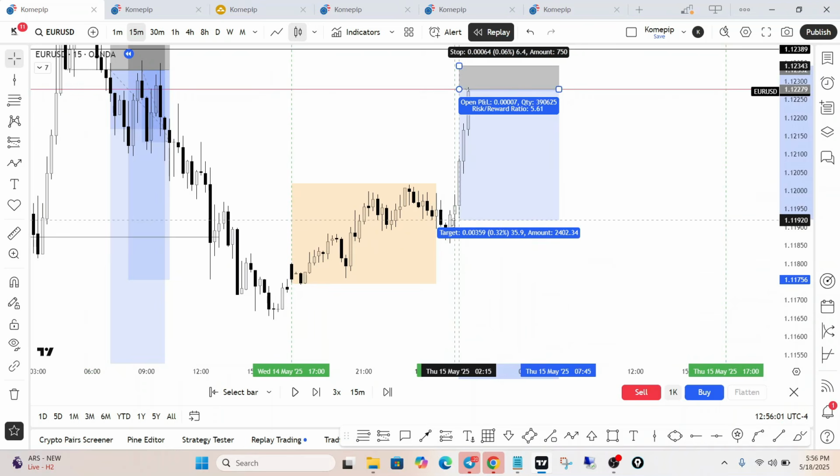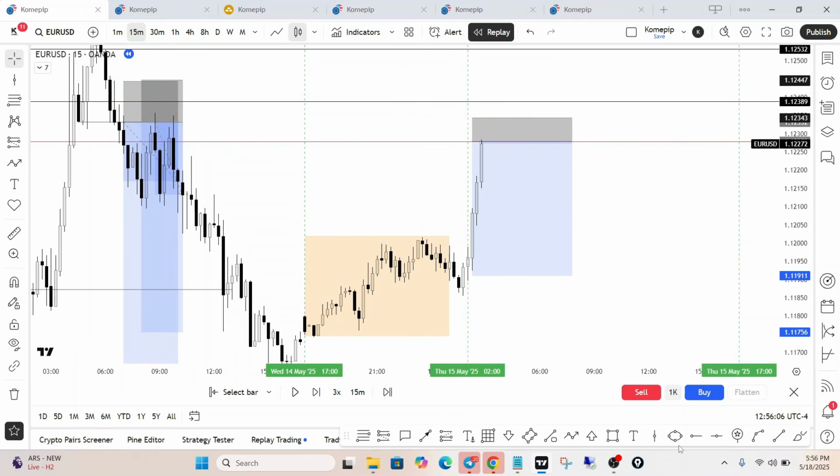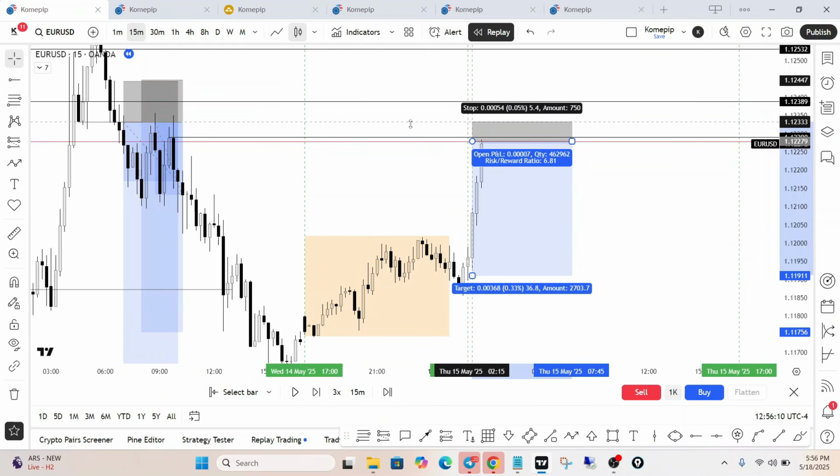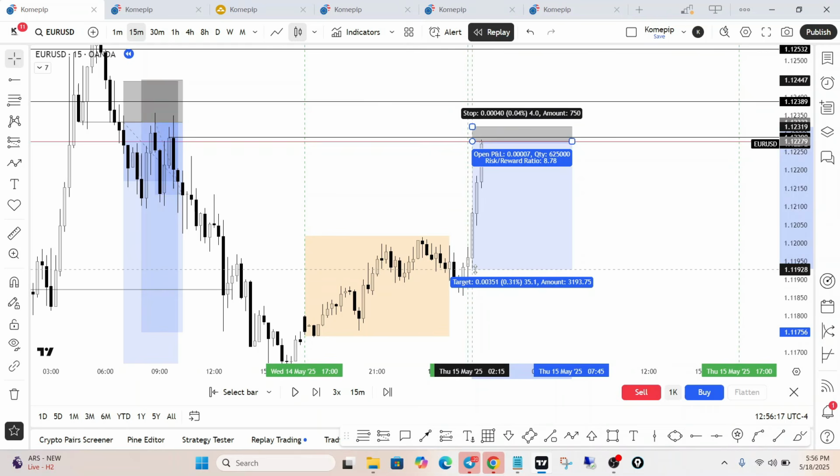That's about 1 to 6. Price might react from there. My stop loss can even be as close as this, and that's about a 1 to 8 risk to reward ratio.